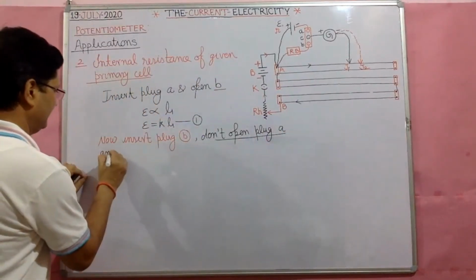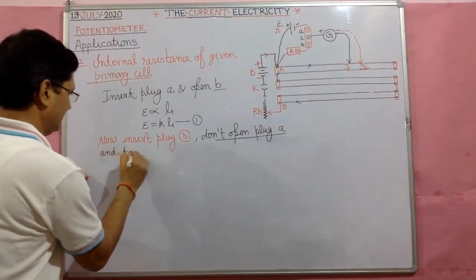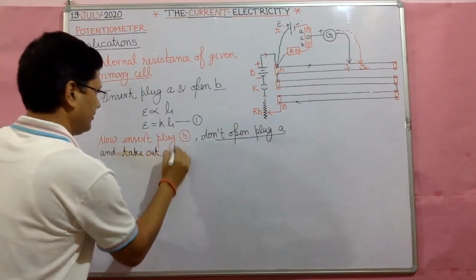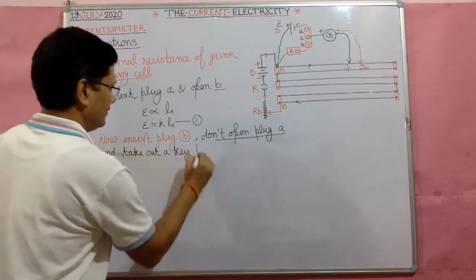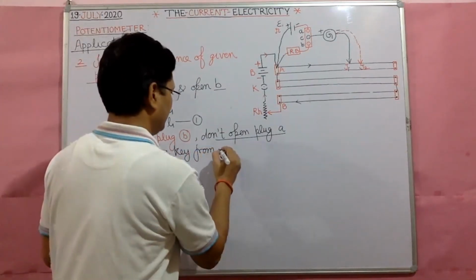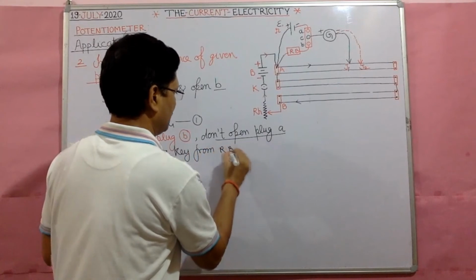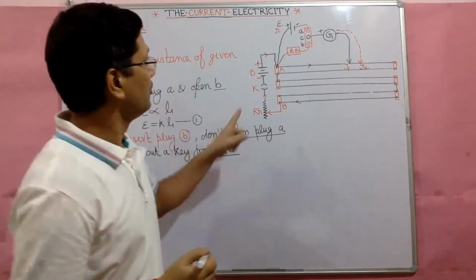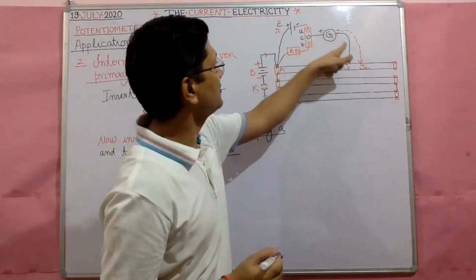Take out a key from the resistance box. Now the current flows through the resistance box.